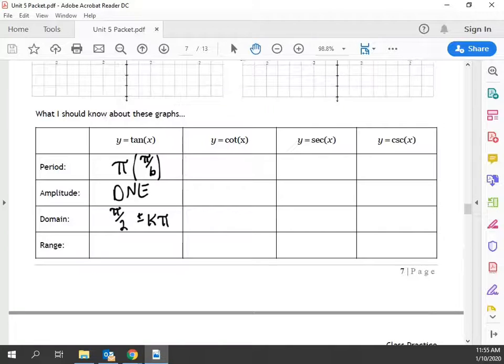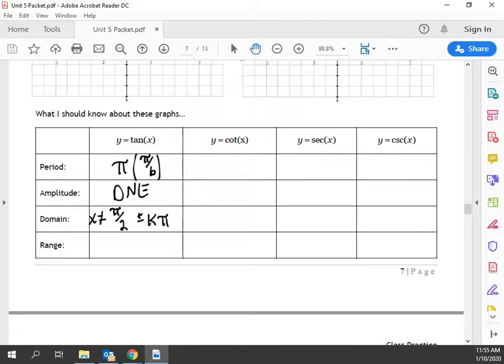So let me tell you what this says. This says domain. It exists everywhere except x cannot equal pi over 2 and any factor of it. So pi over 2, 3 pi over 2, 5 pi over 2, I can keep going on, 7 pi over 2. Every time you go to those odd numbers over 2's, you will have an asymptote.